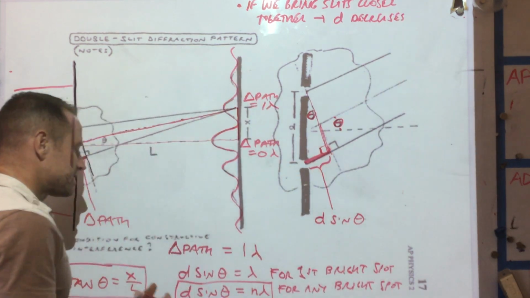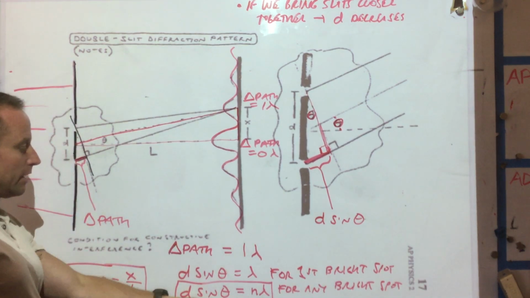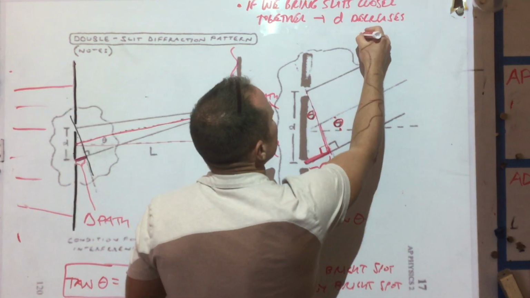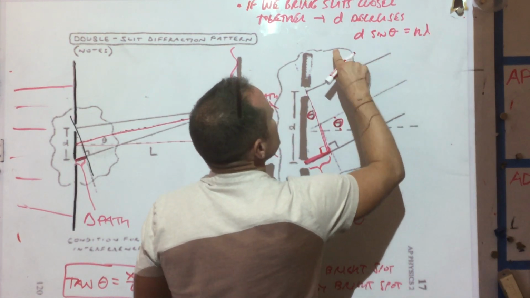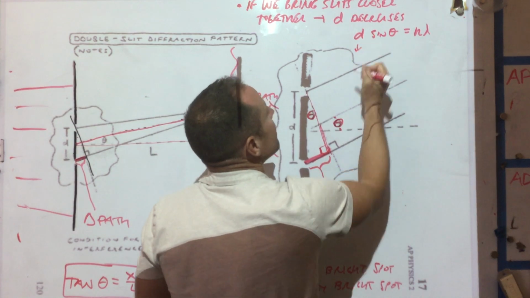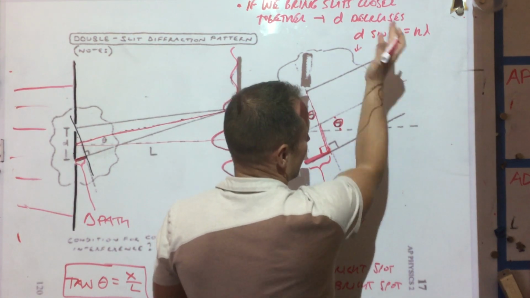Well, we can see what the effects are of bringing those slits closer together if we just look at this relationship here. D sine theta equals n lambda: if D goes down, and you leave the wavelength alone, that means sine theta needs to go up.